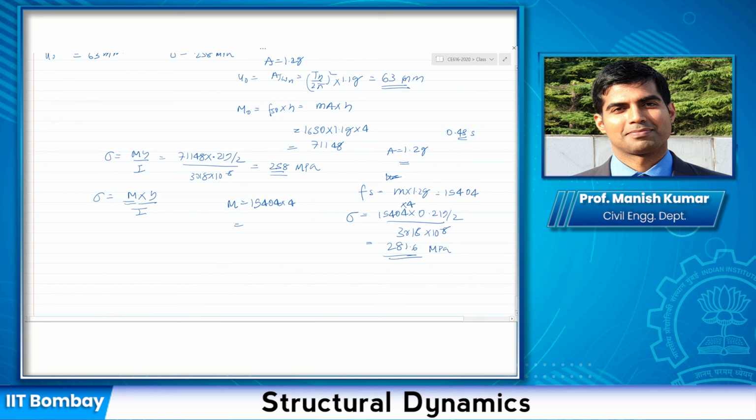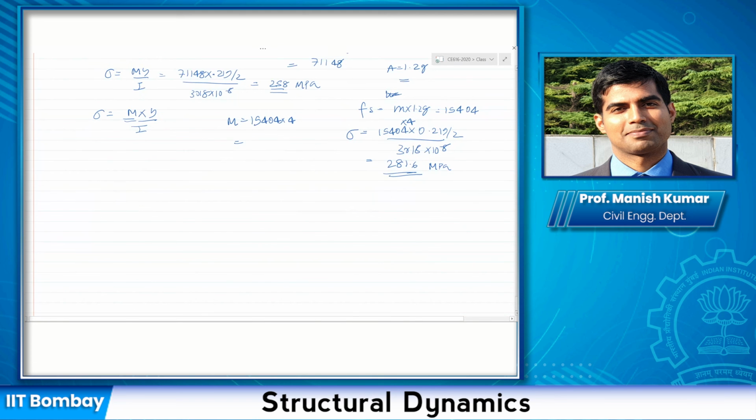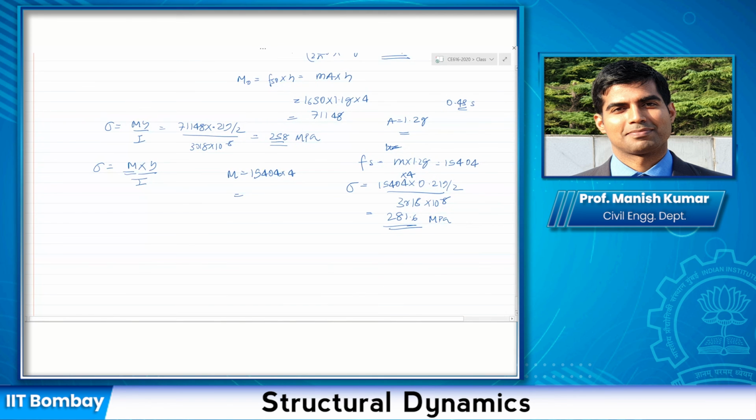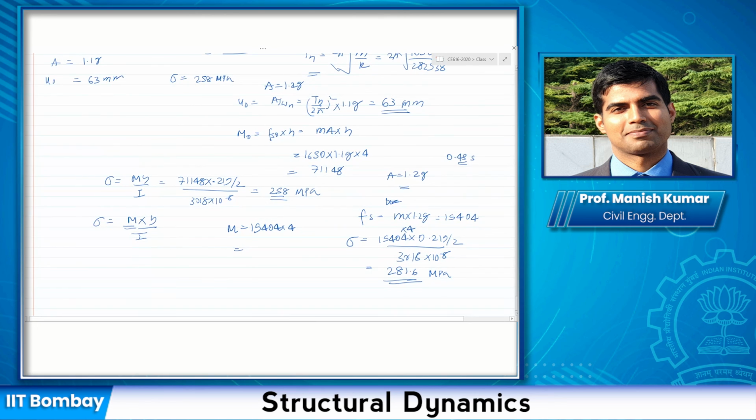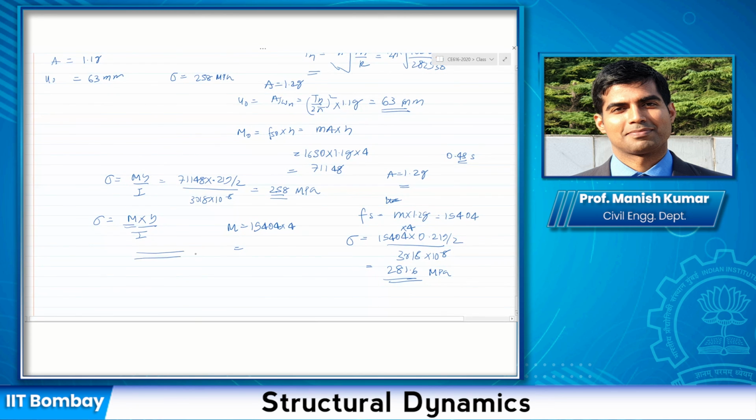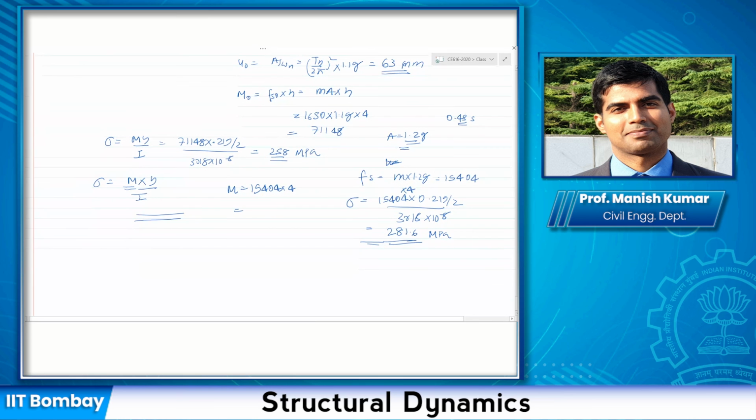So what do I see? If I increase the section dimension, the stress might decrease or increase both. If I read it correctly here, this is the A value that I get, 1.2 g, and if I calculate the base forces and the moment, and subsequently the stresses, they are actually increasing by increasing the section dimension. Why is that happening?